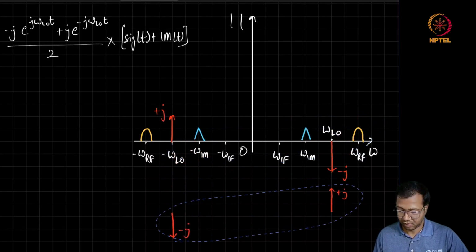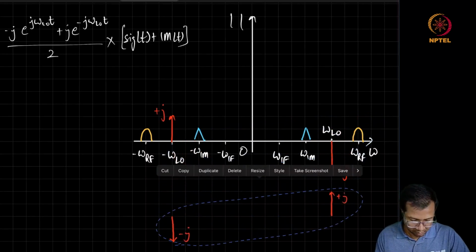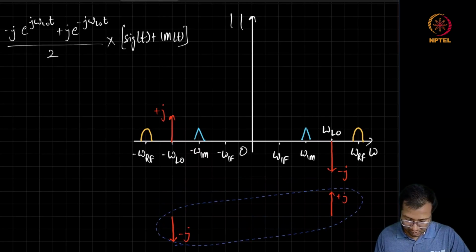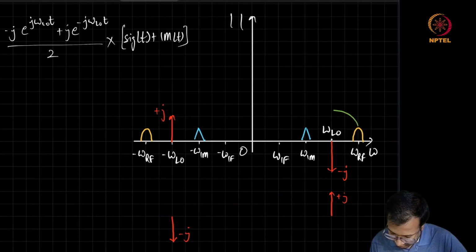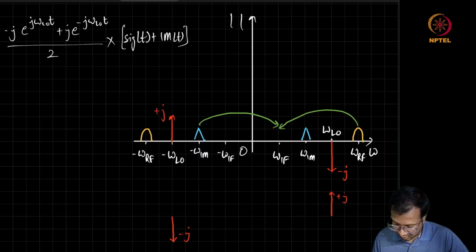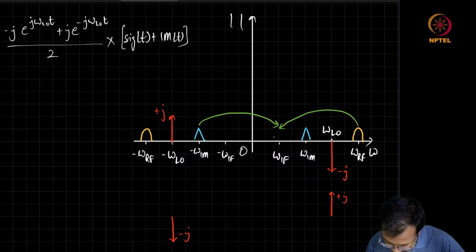Okay, so let me keep it down here. So it means this positive frequency is getting multiplied with plus j.